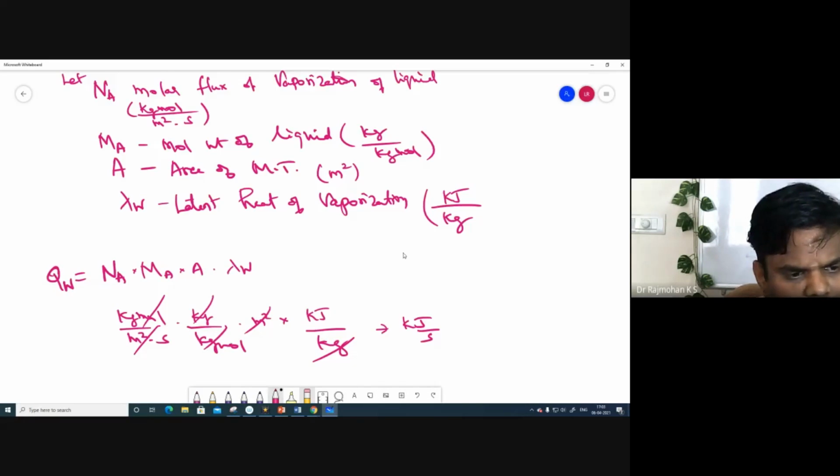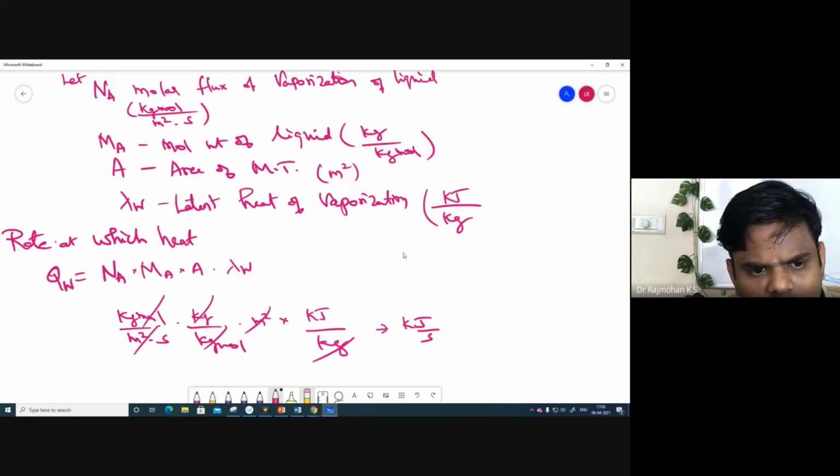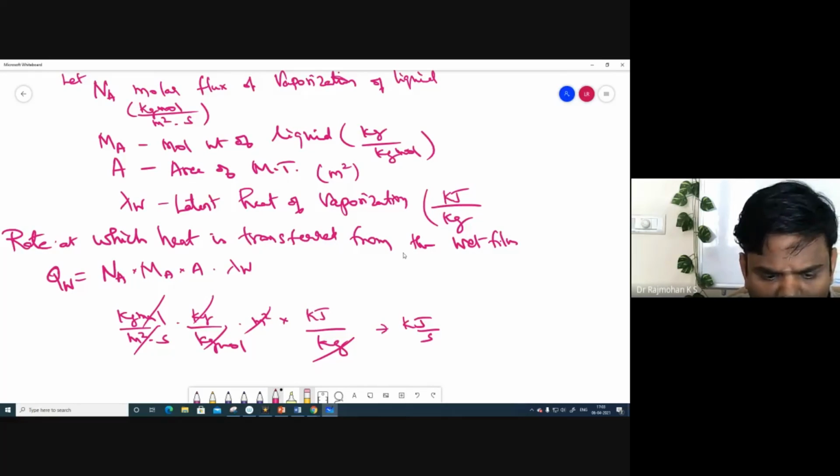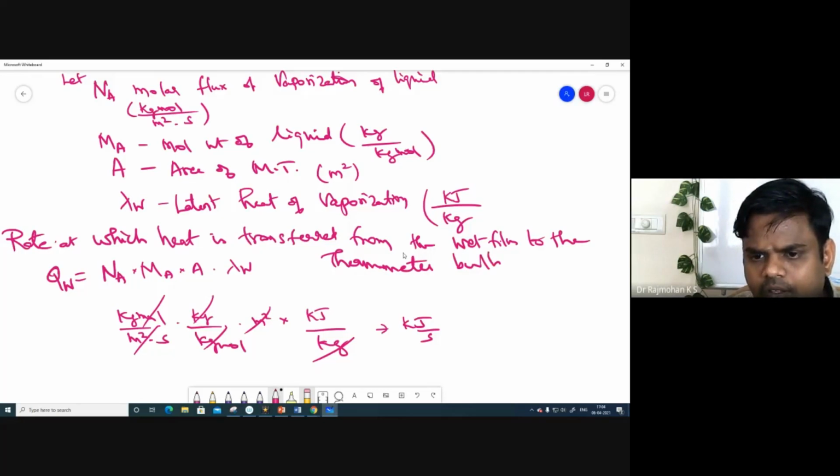What is QW? It is the rate at which heat is transferred from the wet film to the thermometer bulb. Okay, these are basic: we have heat transfer from gas to liquid, and again liquid to bulb.